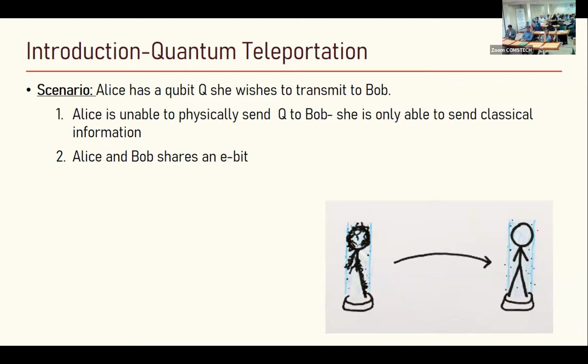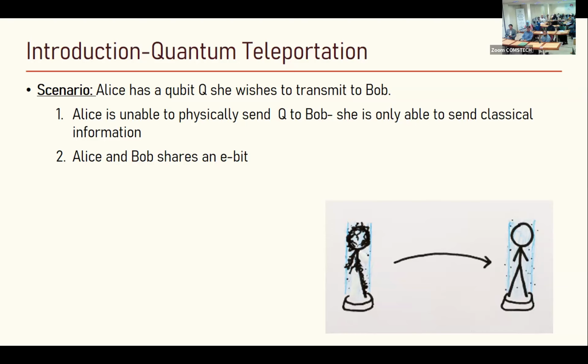So teleportation means a person or a thing disappears from one side and appears at the other end, as the image shows. Instead of that, we have a qubit with Alice, and after teleportation, that qubit appears at Bob and moves away from Alice. Now, for the formal definition, teleportation is a protocol that communicates one qubit using two classical bits at the expense of one EBIT.